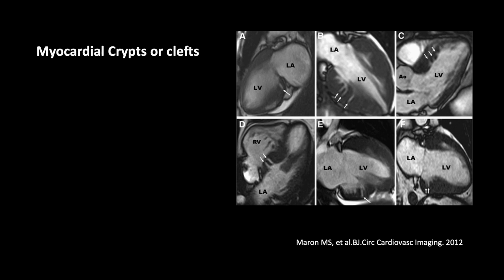Single or paired clefts have been observed in the ventricular septum and the basal inferior wall of the left ventricle in healthy volunteers, but the presence of multiple clefts, although a rare condition, is often associated with the hypertrophic cardiomyopathy phenotype. Indeed, they have been identified as a potential novel cardiovascular magnetic resonance imaging marker for genotype-positive status in the absence of left ventricular hypertrophy.